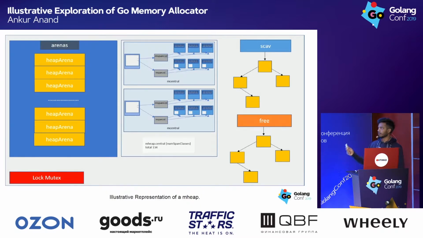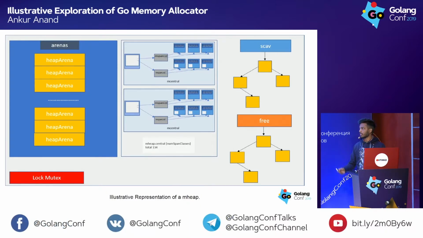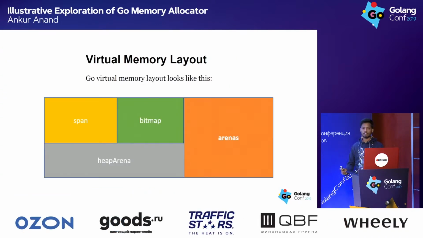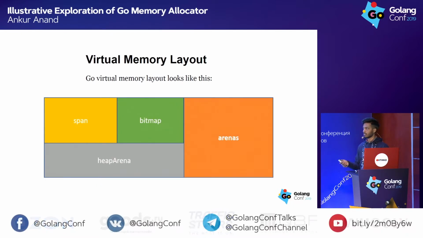We'll look into the heap arenas now. Why it's essential: arenas are constituted of heap arenas, and this helps with memory allocation. Here is the virtual memory layout inside Go. So we have a span, we have a bitmap, we have arenas, we have heap arenas. Arenas are constituted by different heap arenas.